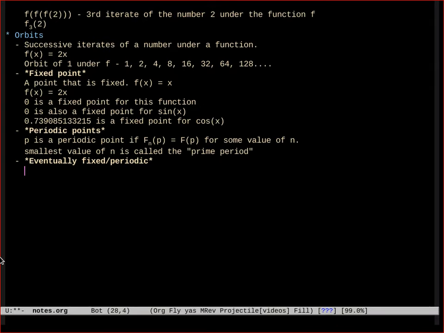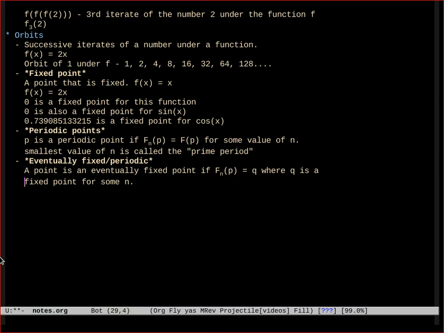So a point p is an eventually fixed point if f to the n of p equals q, where q is a fixed point, for some n. Similarly for periodic points.